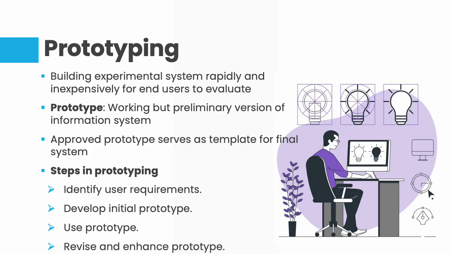This is where you improve the prototype based on their feedback. Once everyone is happy with the prototype, it becomes the template for building the complete system. This method is great because it involves users early, reduces misunderstanding, and saves time and money compared to the traditional slow and rigid waterfall method. It's all about learning by doing and improving step by step.